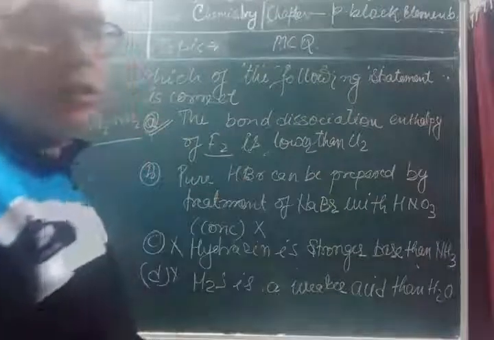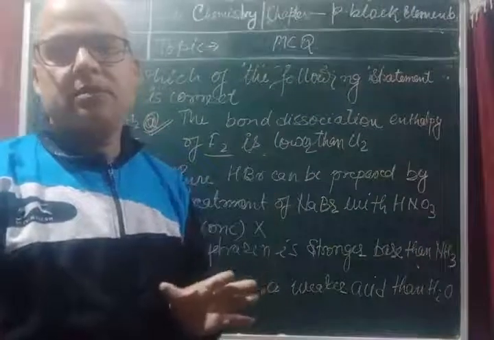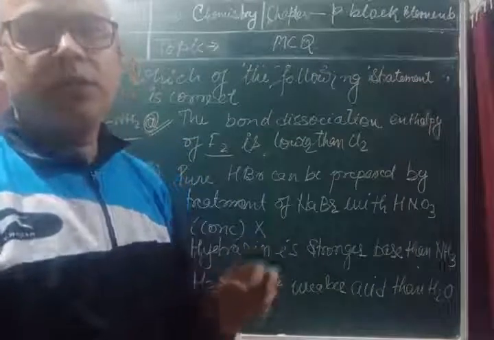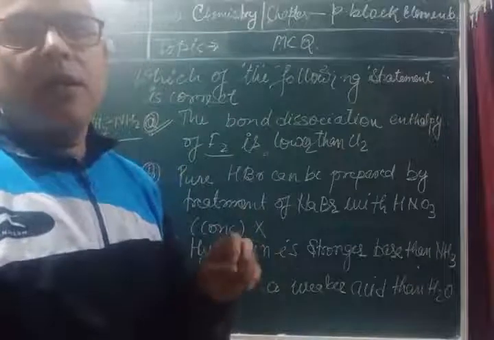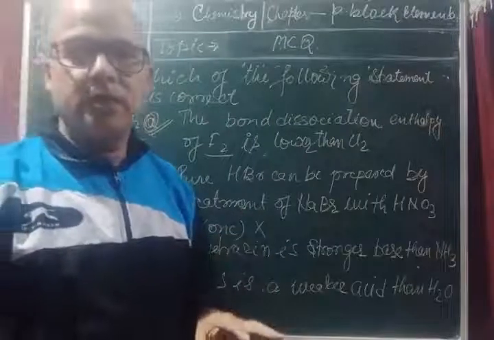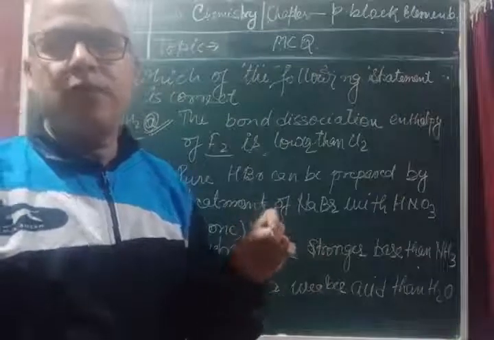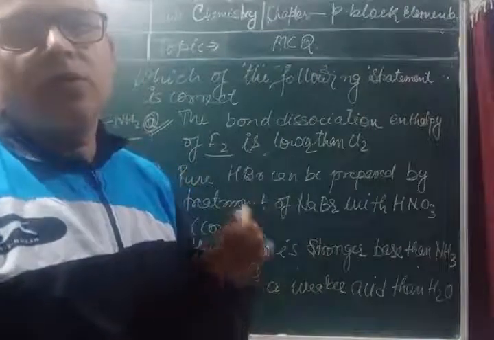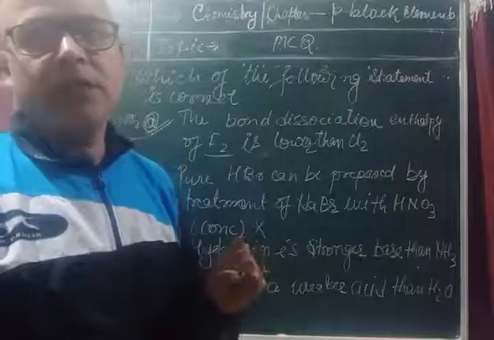Bond dissociation enthalpy of F2 is low. Why? It is an exception, because fluorine is extremely small in the halogen group. It has no vacant d orbital. There is electrostatic repulsion between the two fluorine atoms.